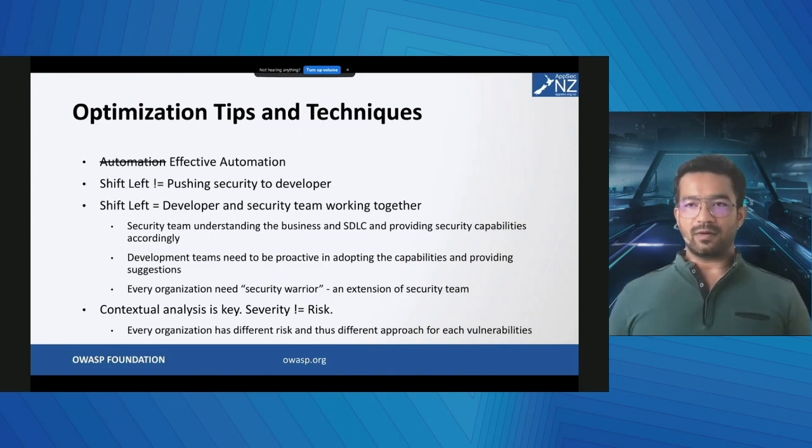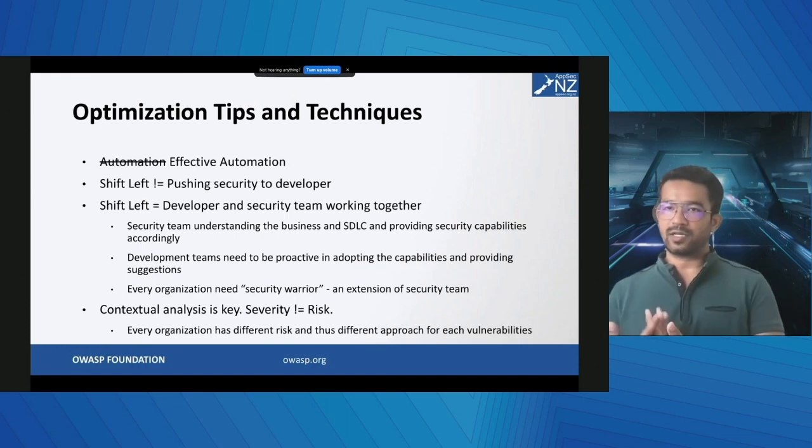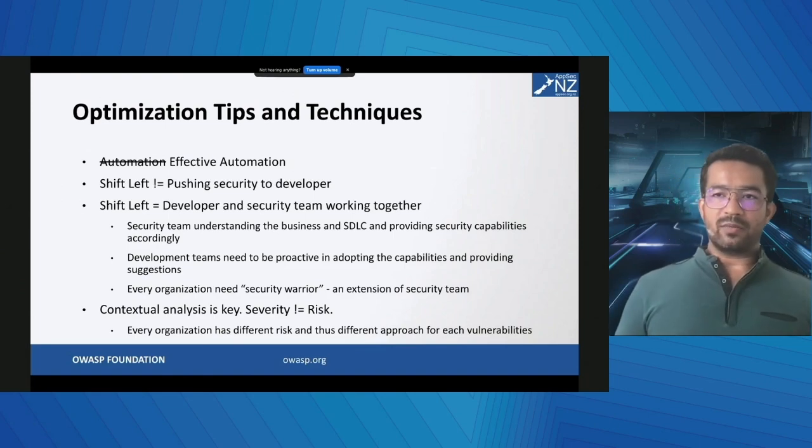It just doesn't work. We as a security industry are not in the business of eliminating vulnerabilities anymore. We are about reducing the attack surface or reducing the risk. For that, we need to understand the context of that vulnerability.